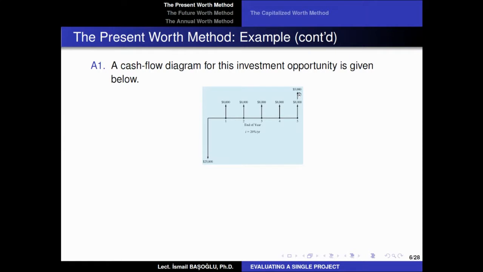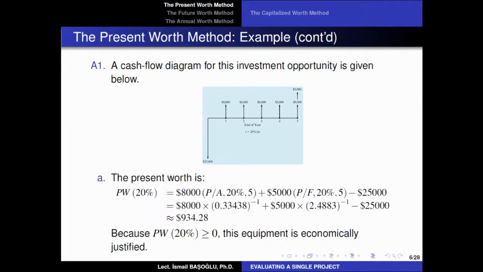And at the end of the 5th year, we also have a second-hand market value of the equipment. When we sell it, we are going to get an additional $5,000. Now, you see, the assumed minimum attractive rate of return is 20% per year. So we would like to calculate the present worth of these cash flows.